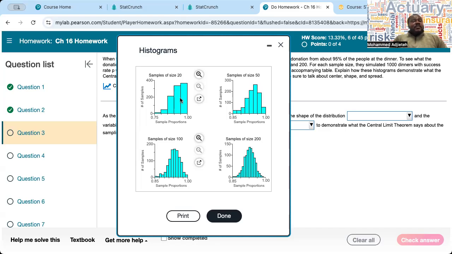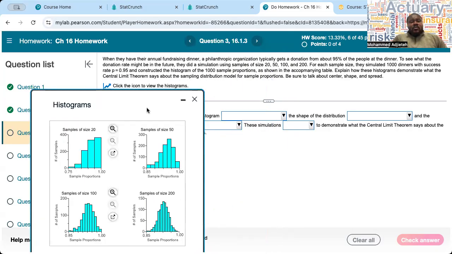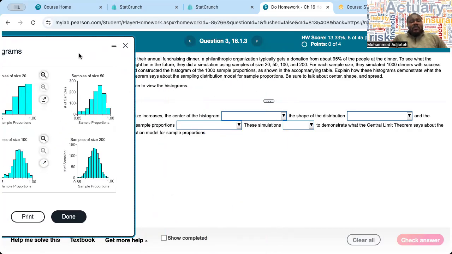This looks like left skewed, isn't it? Right? When it's 50, also kind of left skewed, but yeah, you can see from that. And then this is when it's 100, it's looking better. And then when it's 200, you can see this is what? Symmetric. Is that okay?